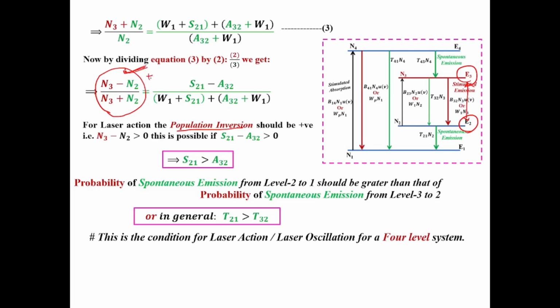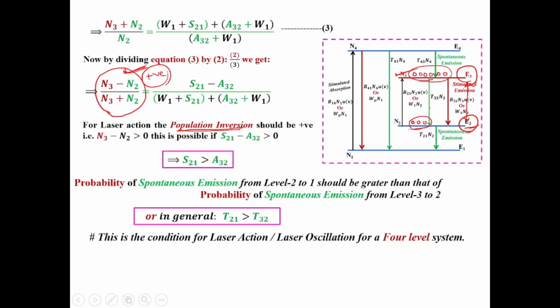If it is positive, then yes, population inversion is achieved. That means a large number of atoms in your E3 level as compared with the E2 level. This situation is called your population inversion.